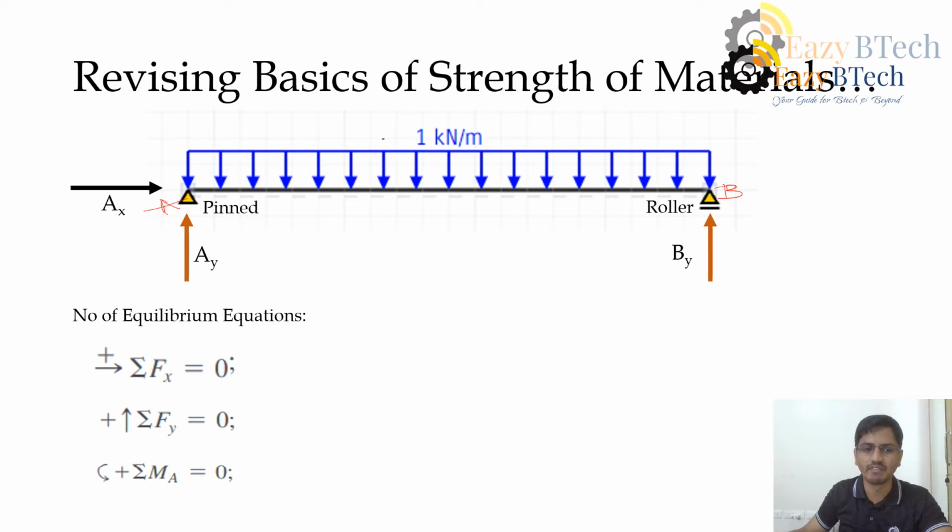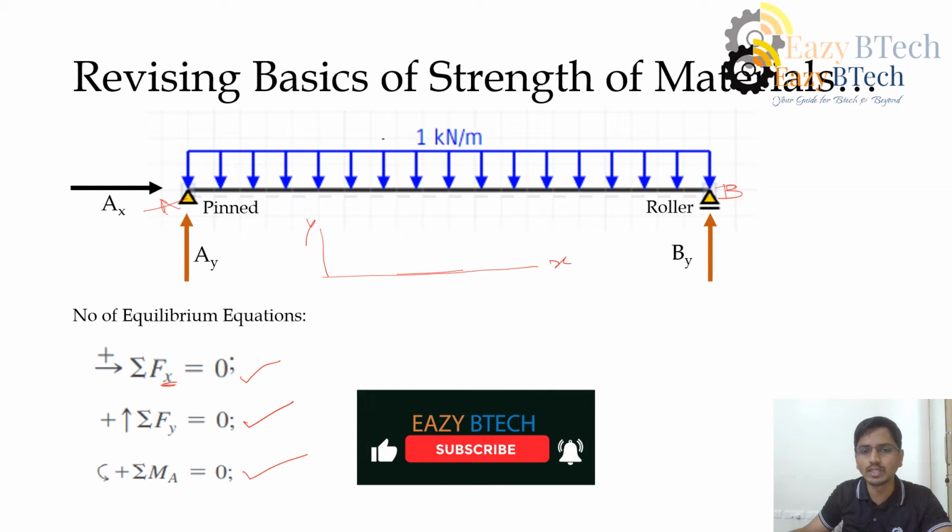That is sigma Fx equal to 0, sigma Fy equal to 0, sigma MA equal to 0. What does sigma Fx equal to 0 mean? Here x indicates all the loads in horizontal direction or x direction. If I consider x here, y here, as the coordinate system, then the sum of all the loads acting along the x-axis is 0.